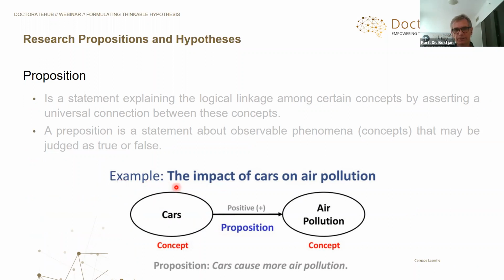For example, if we take the impact of cars on air pollution, we can write a proposition which will be saying cars cause more air pollution. And I guess all of us understand those two concepts, and it's kind of clear that more cars are causing more pollution. But that's not so easy actually to test this proposition.